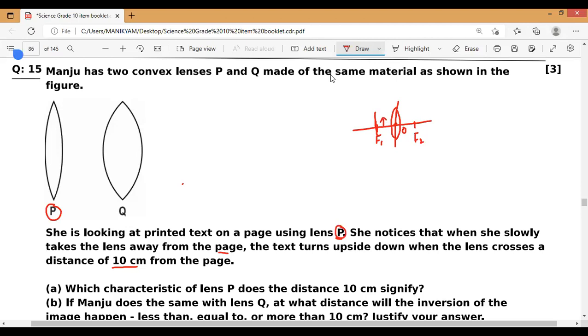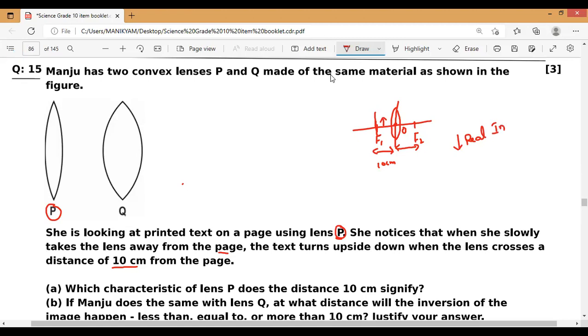Now they are saying that whenever she takes the lens away from the page more than 10 centimeter, suddenly the image turns upside down, meaning it becomes what?